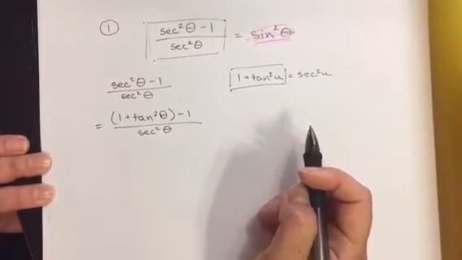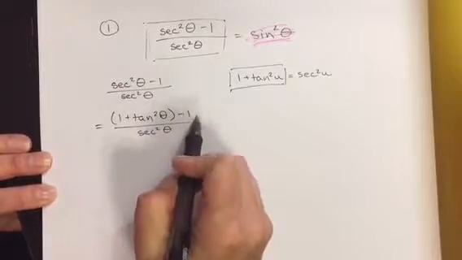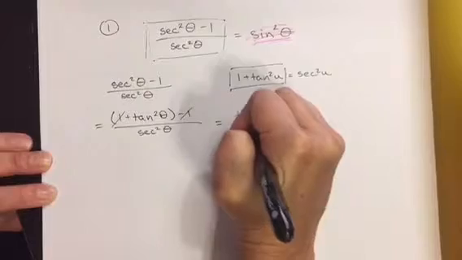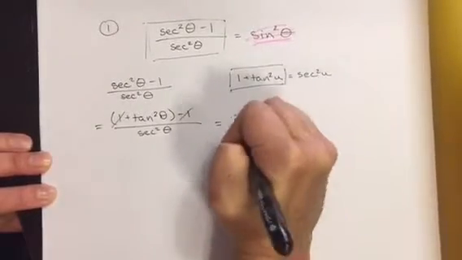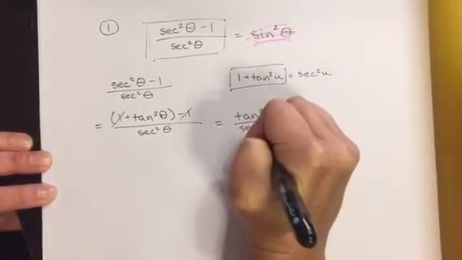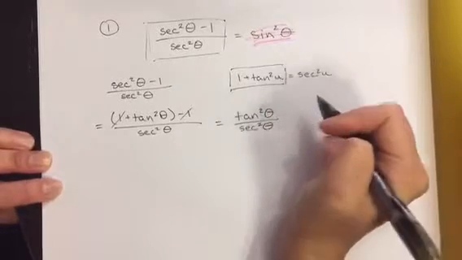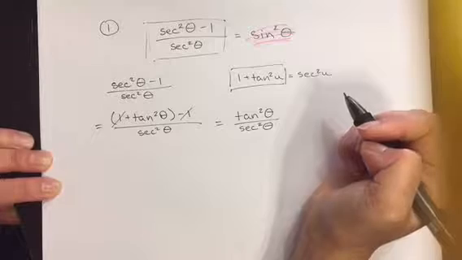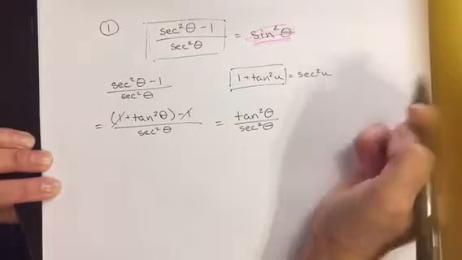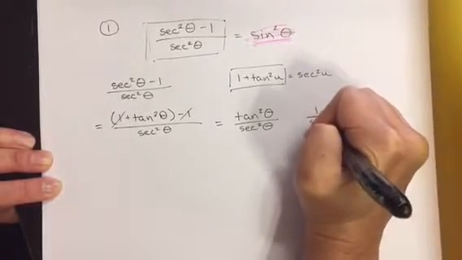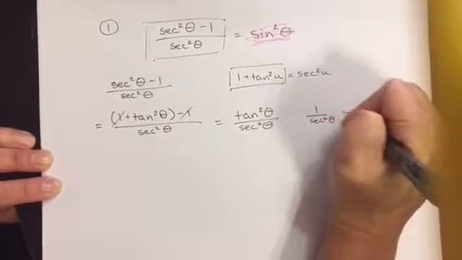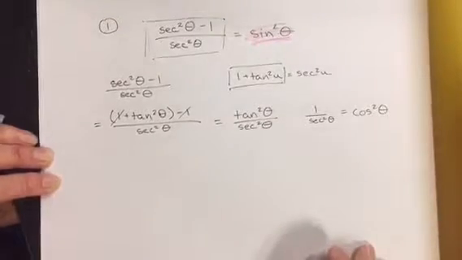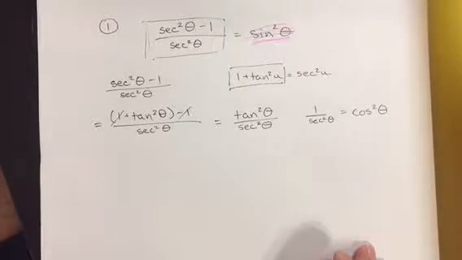Okay? So plus 1 minus 1, those two are going to go away. And so this gives me tangent squared theta over secant squared theta. All right, that's just plain old simplifying. All right, now we're going to use the reciprocal identity. So 1 over secant squared theta is equal to cosine squared theta. And we've been using this one for a couple of days now.